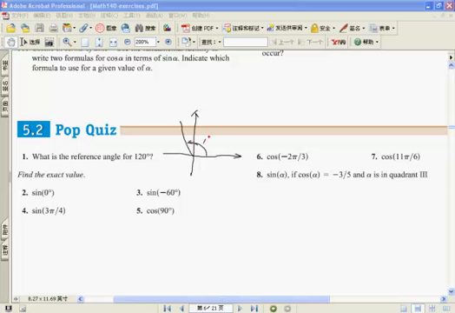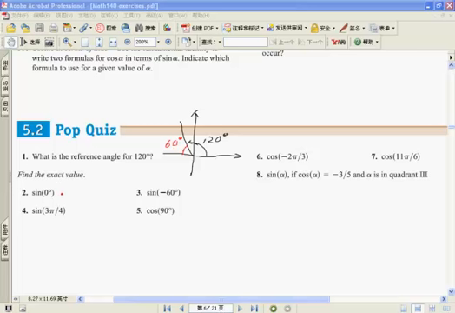So this is 120 degrees. Then this one is the reference angle of this 120 degrees, which is 60 degrees. So the reference angle is 60 degrees.